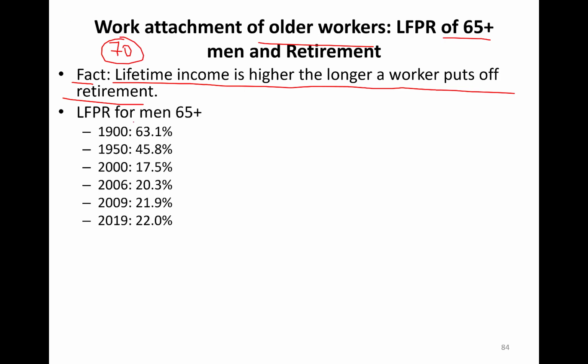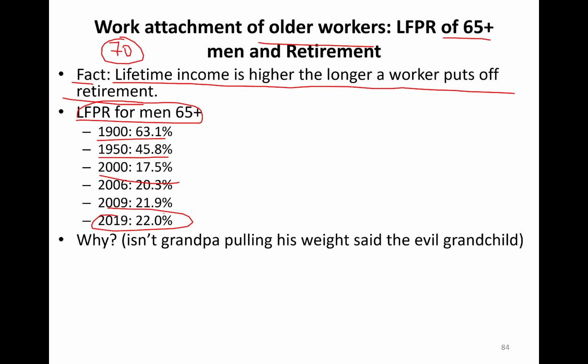This is the labor force participation rate for men 65 years of age and older. In the 1900s, it was about 63.1%, goes down to 45.8%, and in 2019 about 22%. So it went back up a bit due to harder times.